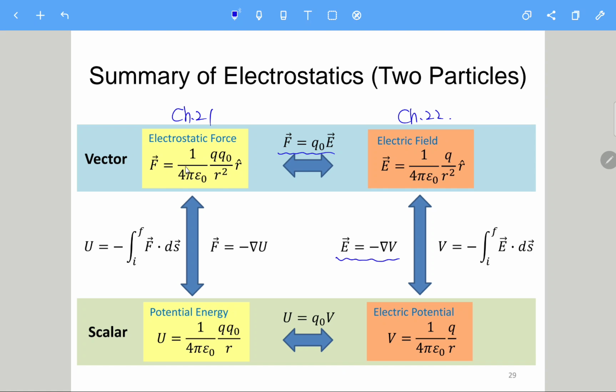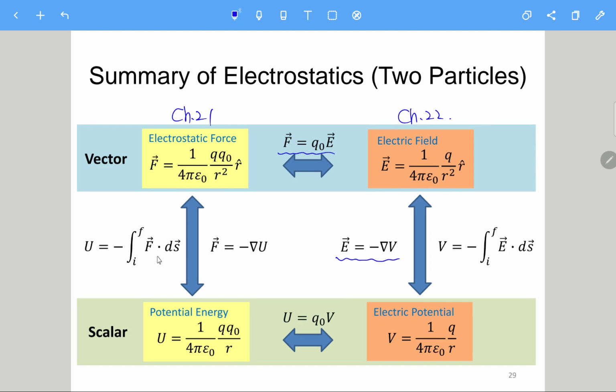And even in classical mechanics, you will know that the potential energy is negative F dot ds, which is the minus work done. So this is the work done, F dot ds, and then the integration is the work done.